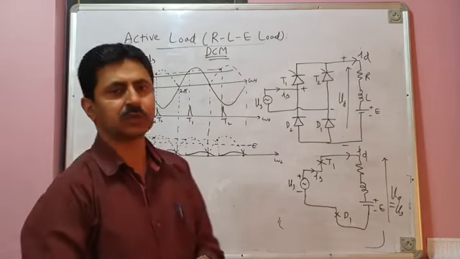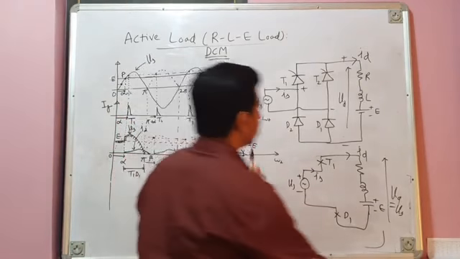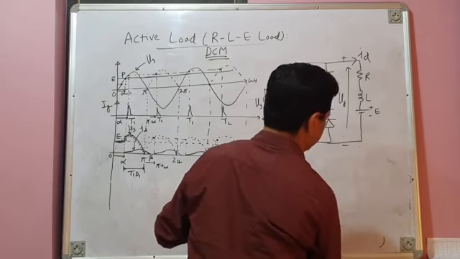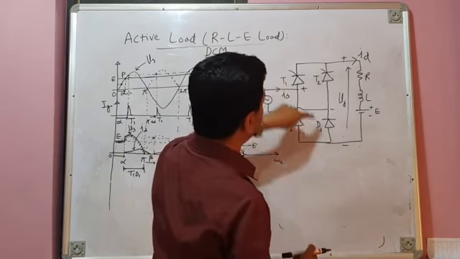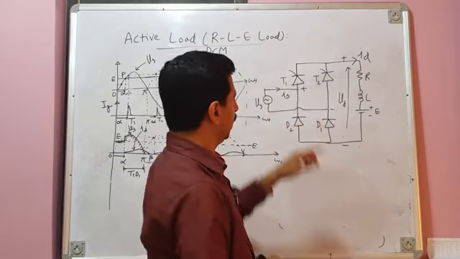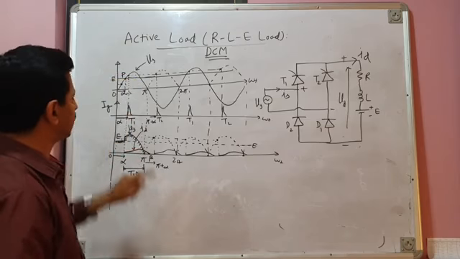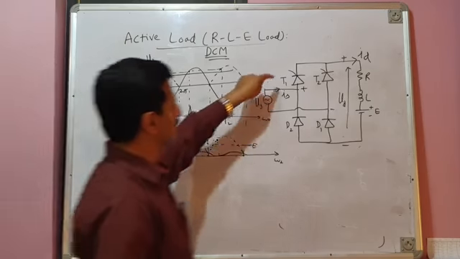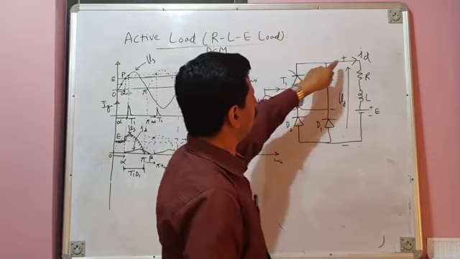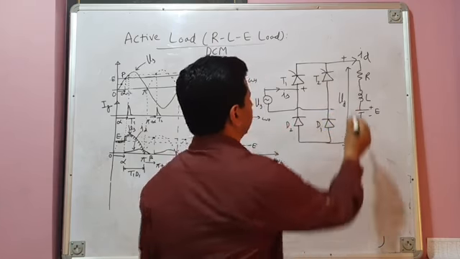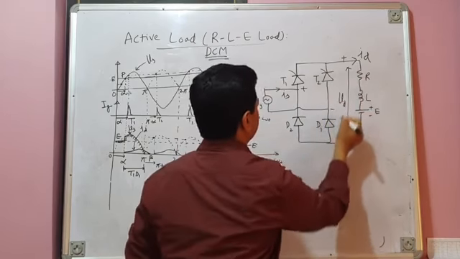What is the path for this load current? Now, if you see this circuit, the load current has different paths. T1, D1 was previously conducting at omega t equal to pi. Source voltage is 0, load voltage is also 0, but load current is not 0. So T1, D1 is conducting. The question is, since load current is still flowing, load current can take the same path. I mean, it can flow through the same T1 and D1.